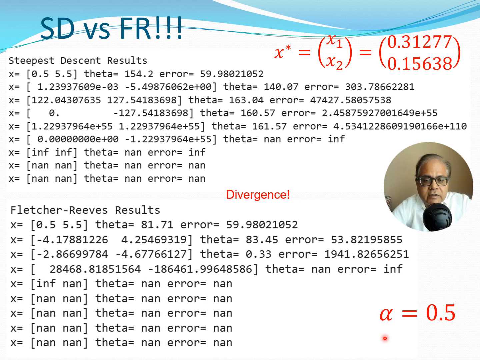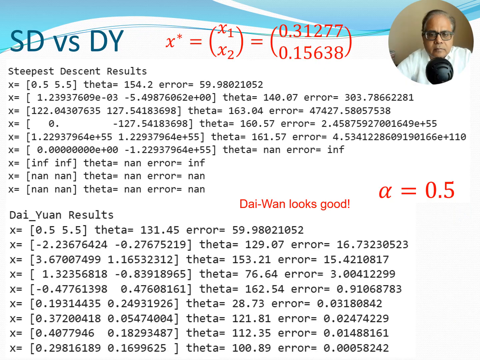So one of the challenges in picking the learning rate for machine learning is to choose an appropriate value. In this problem, we saw that 0.3 was a pretty appropriate value, which was working very well. And in the case alpha is 0.5, both the steepest descent and the Fletcher-Reeves are actually diverging. So this is something which can happen every now and then.